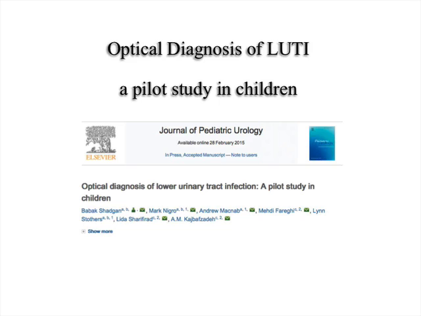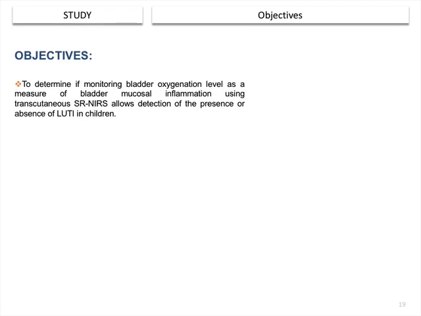This was just published two weeks ago in the Journal of Pediatric Urology. The objective of the study was to determine if monitoring bladder oxygenation level as a measure of bladder mucosal inflammation, using a modification of near-infrared spectroscopy, can help us detect the presence or absence of acute infection.